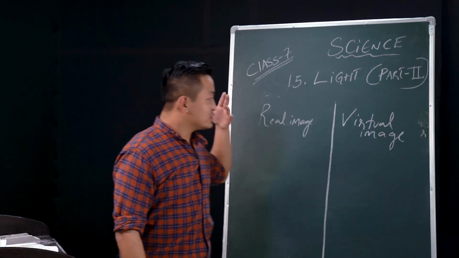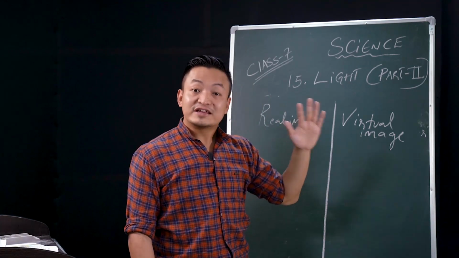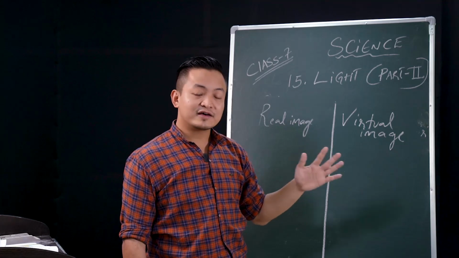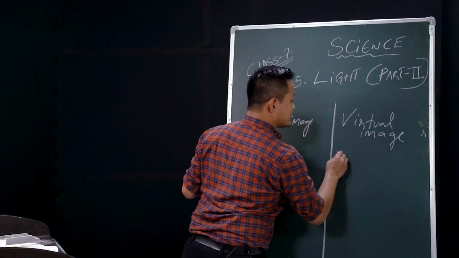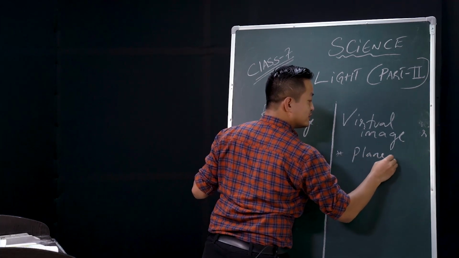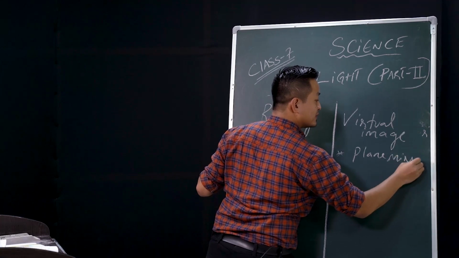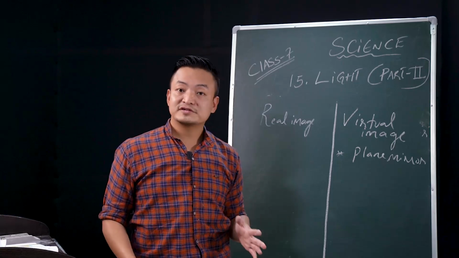So in that type of mirror, you see a virtual erect image, right? So under virtual image, we can write plane mirror, because in a plane mirror we see a virtual erect image.